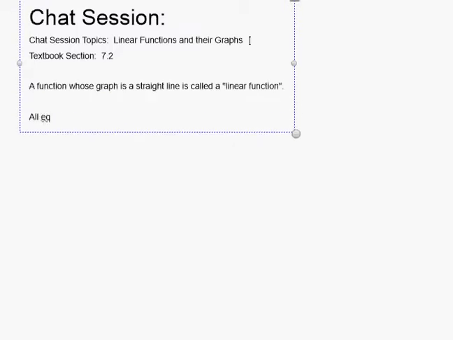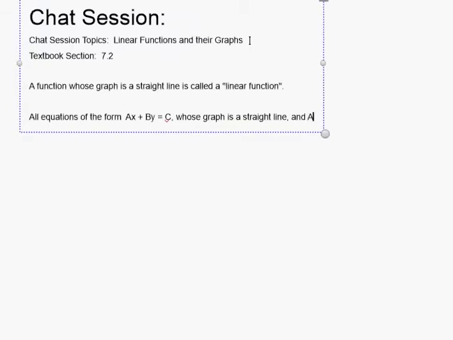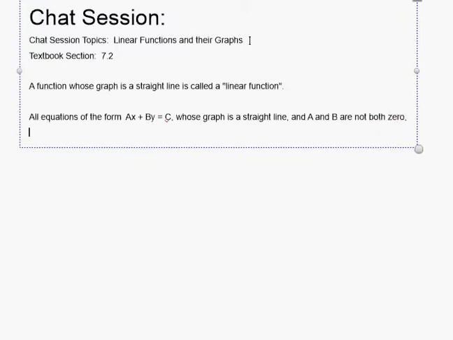All equations of the form ax plus by equals c, whose graph is a straight line, and a and b are not both 0, are called linear equations in two variables.